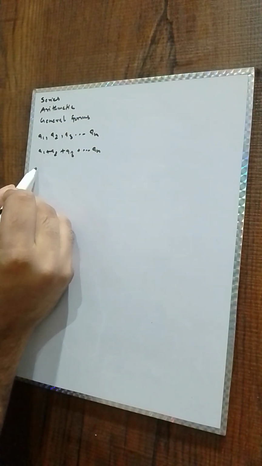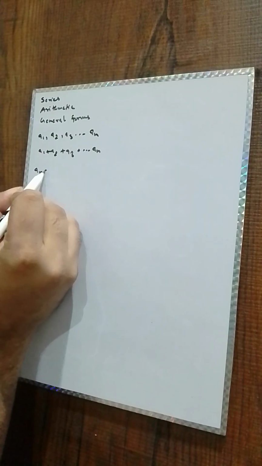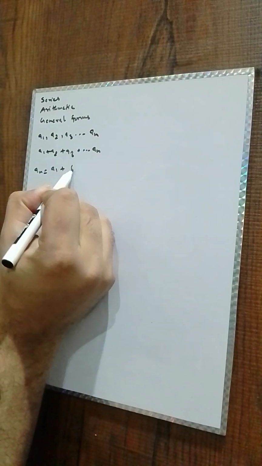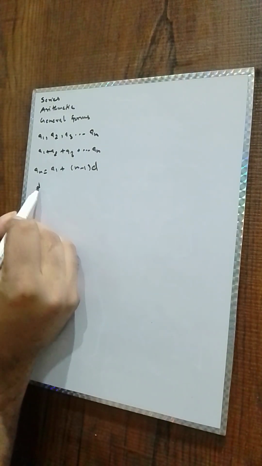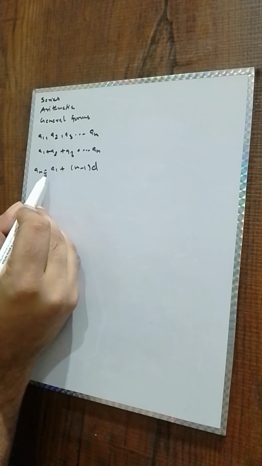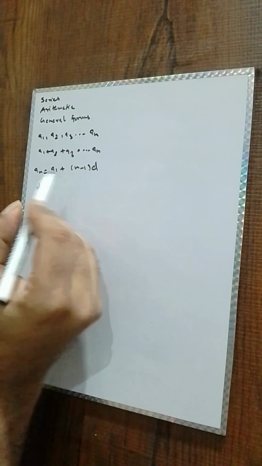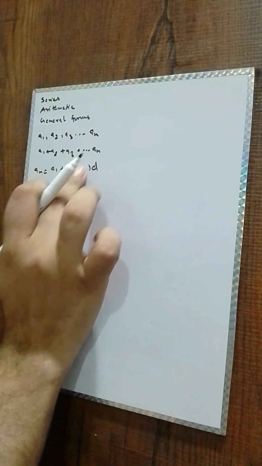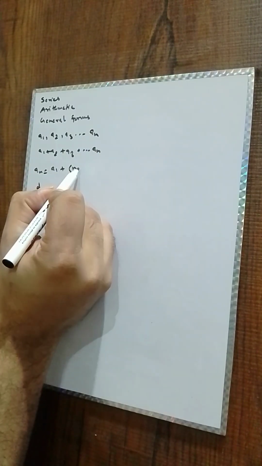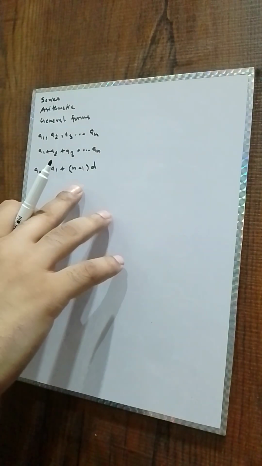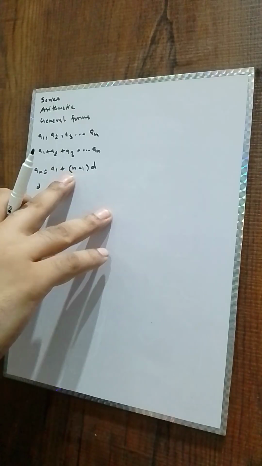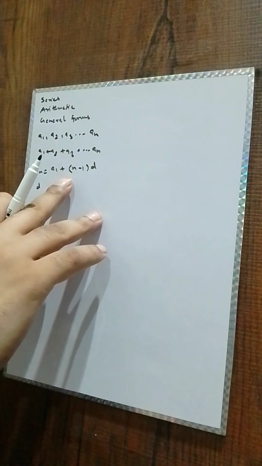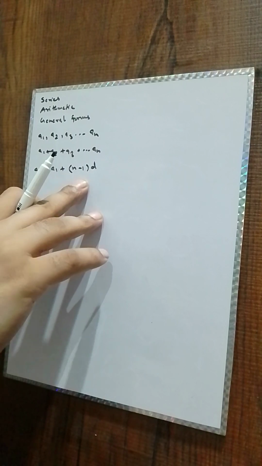So we have this series which says the nth term is equal to a1 plus n minus 1 into d, where an is the nth term, a1 is the first term, and d is the increment. n minus 1 is the number of terms minus 1.